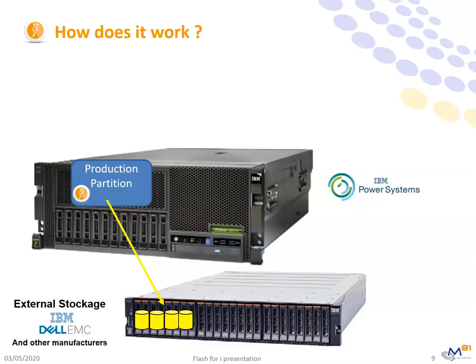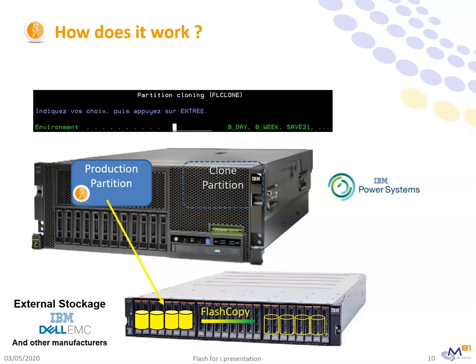On the production partition, the product Flash4i has been installed and configured. On the disk bay, we configure the clone disk with the flash copy function, also called snapshot on other vendors' bays. And the definition of the second partition is created on the HMC. We will call it the clone partition.